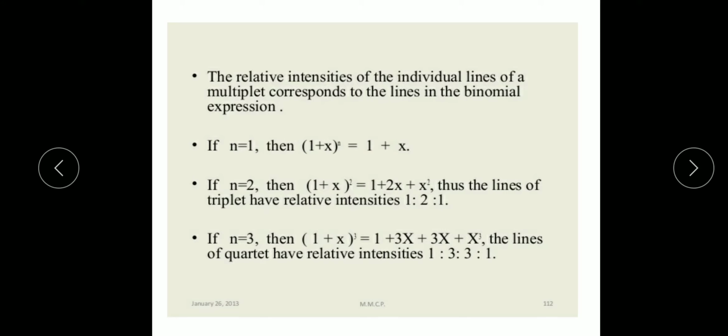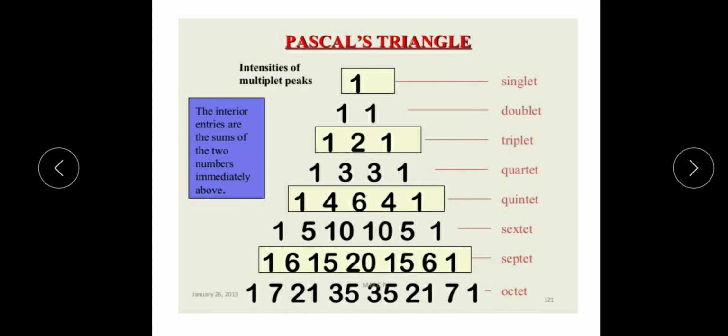If n equals 2, you will get a triplet with relative intensities 1:2:1. If neighboring protons equal 3, then you will get 4 peaks, that is a quartet, and the intensities are 1:3:3:1. And you can see this is a Pascal triangle. In this Pascal triangle you can see the intensities of the peaks.